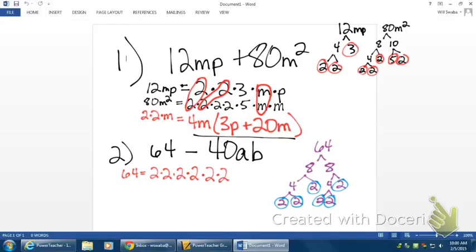Now let's go ahead and factor out the negative 40AB. So 40AB, so 4 times 10.